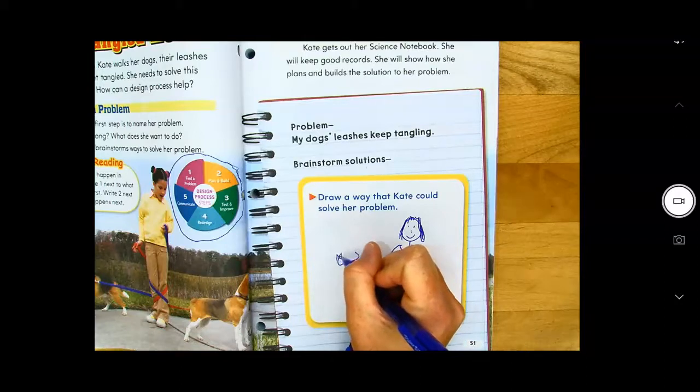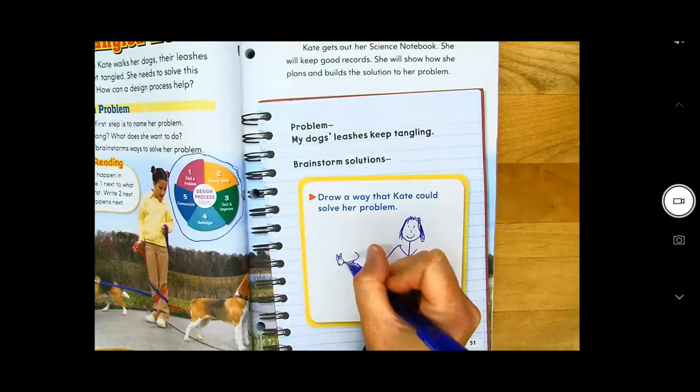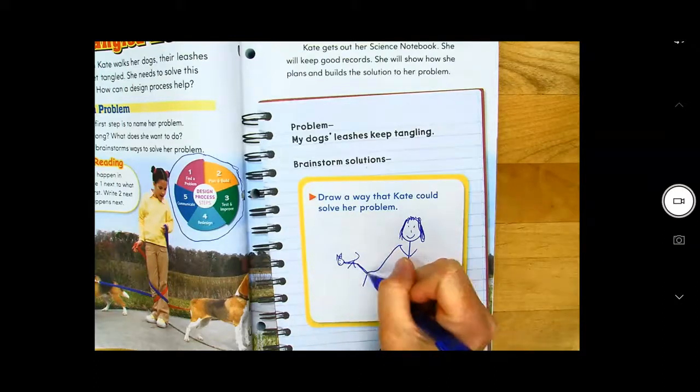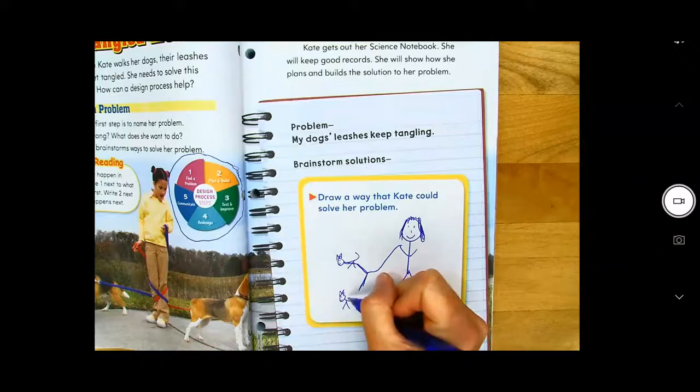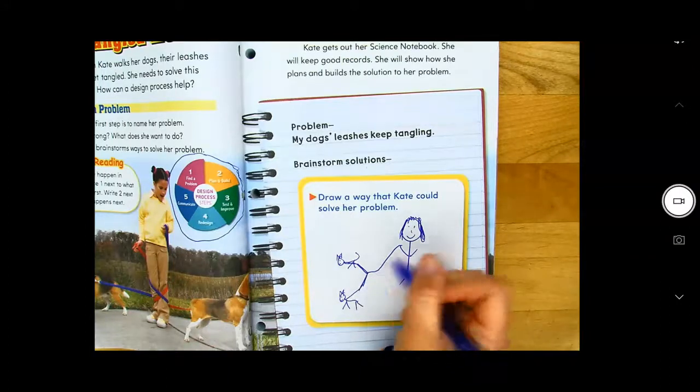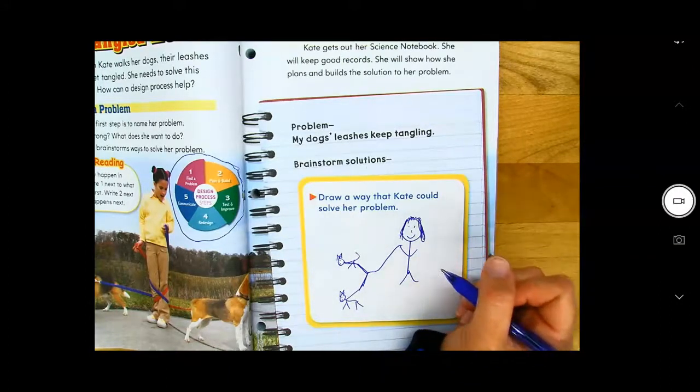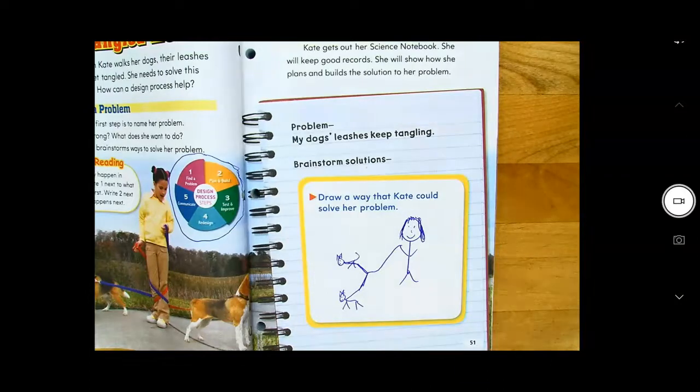This is a dog. Separate leashes. Okay, where it separates. And then maybe they won't get tangled up anymore. But you draw whatever you think can help her.